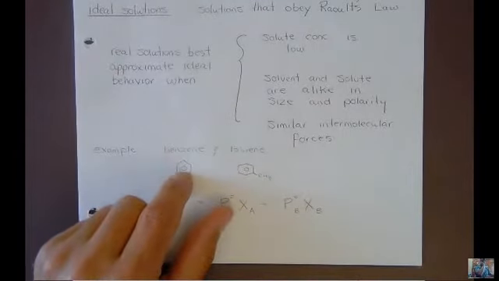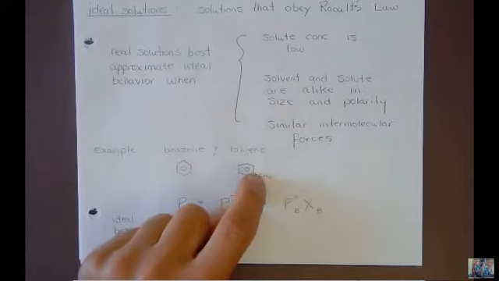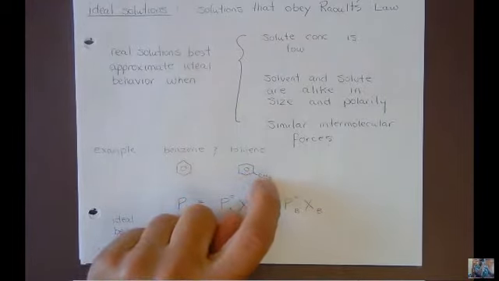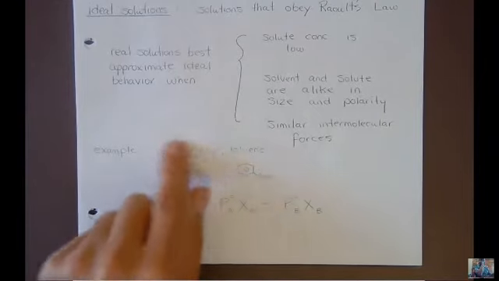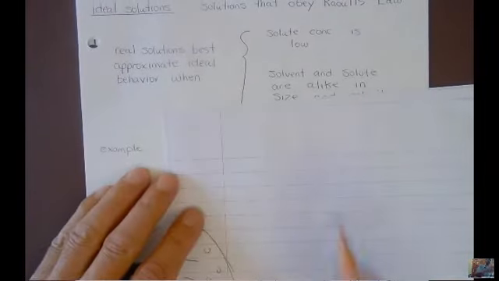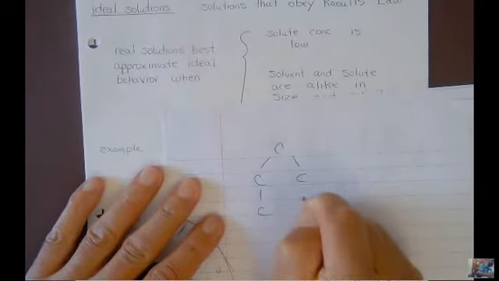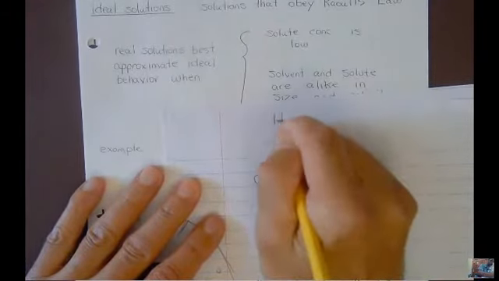If I take benzene, which is C6H6, and toluene, which is C7H8, okay, and I mix these two molecules together. Remember, this benzene really, you guys didn't learn organic chemistry yet, looks like this, okay, but that's the way that organic chemists save all of this writing.